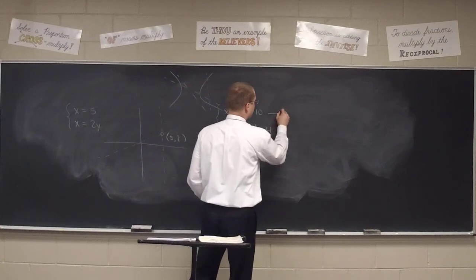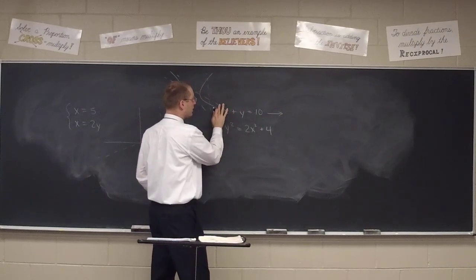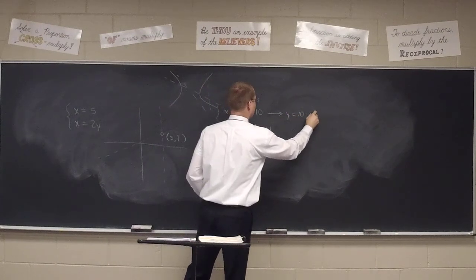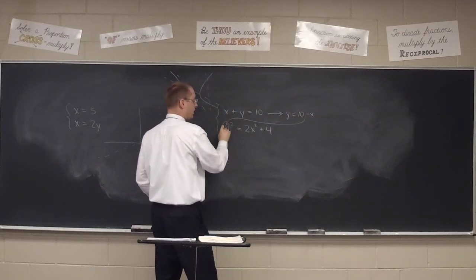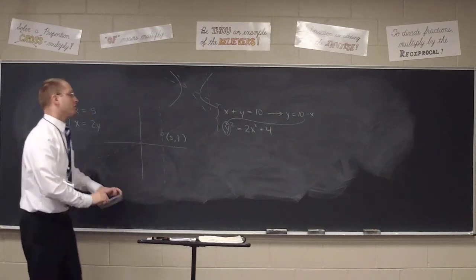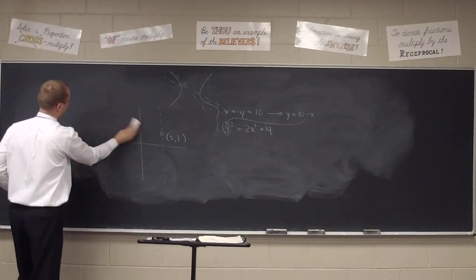So let's rearrange the top equation to say y equals 10 minus x. Then we'll plug that in right here, square it, and solve from there at your seats. Let's see, we think there's going to be 2 points.